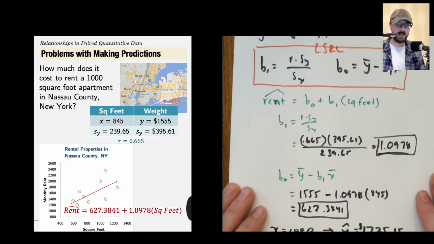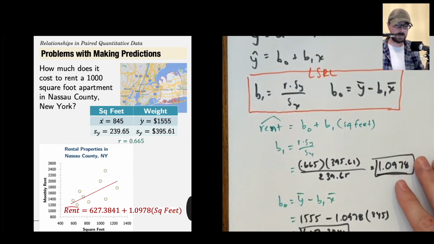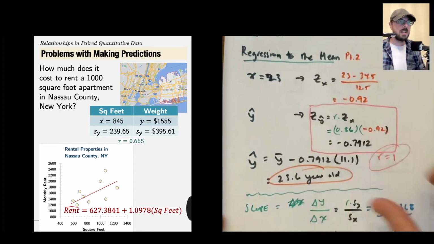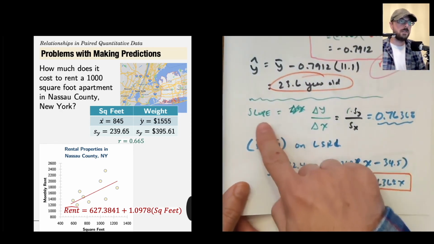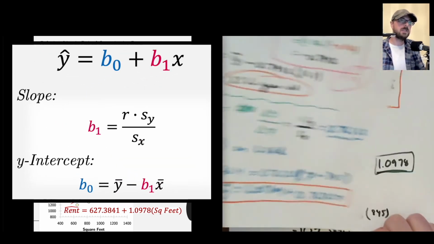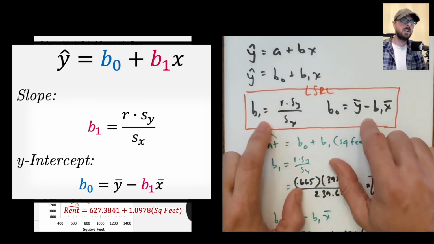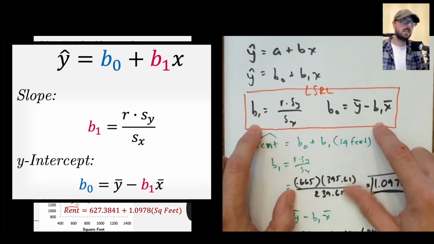This is a nice example of how the concept of regression to the mean allowed us to intuit the formula for the slope of a least squares regression line, and then using some algebra skills to make sense of these formulas for the line of best fit.